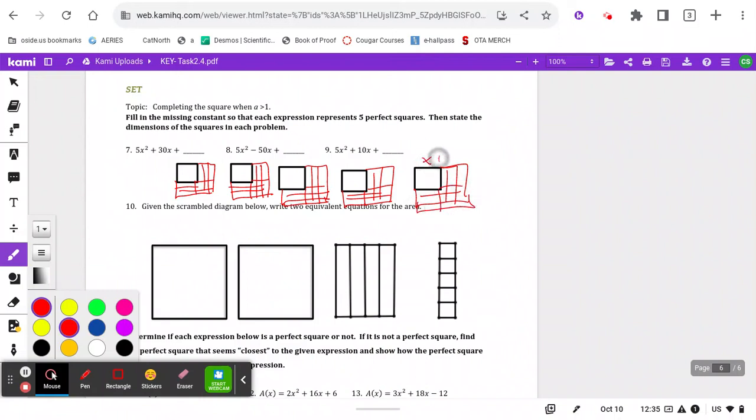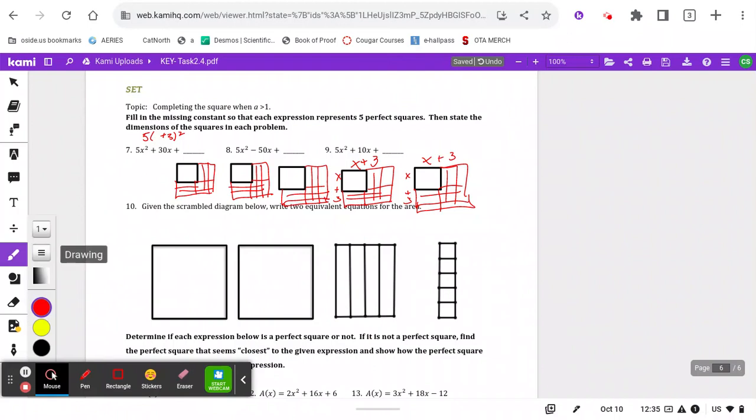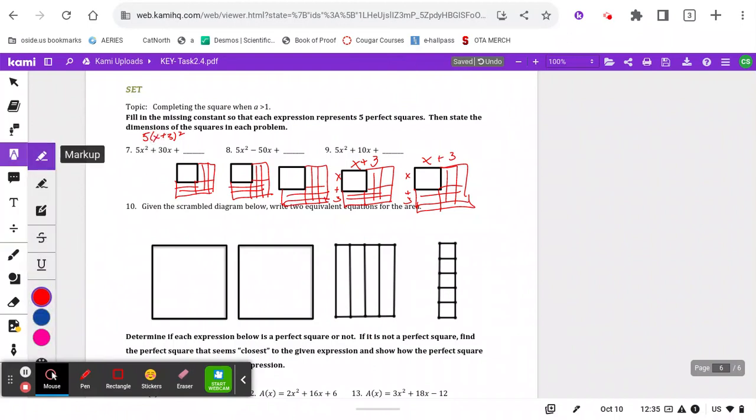Okay, so if I did that and split 3, 3, 3, 3, 3, 3, these all have x plus 3's on the side and the top and the bottom, etc. So this is going to become the 5 times x plus 3 squared. And now I just need to look, how many of our little constants does that give us?